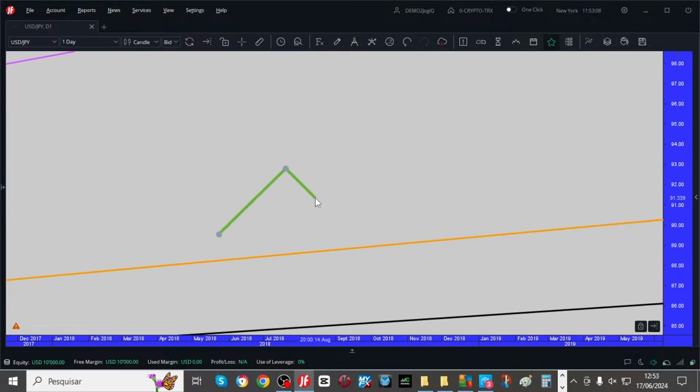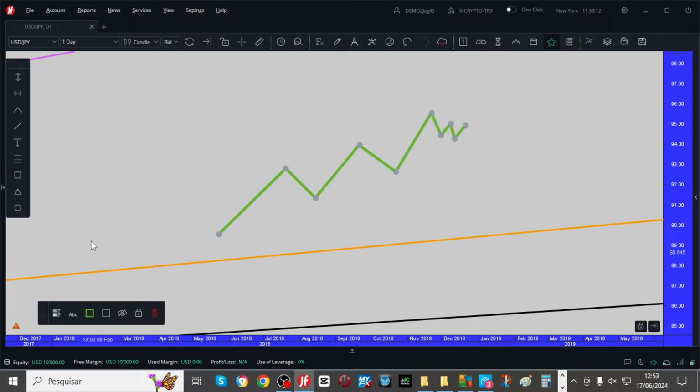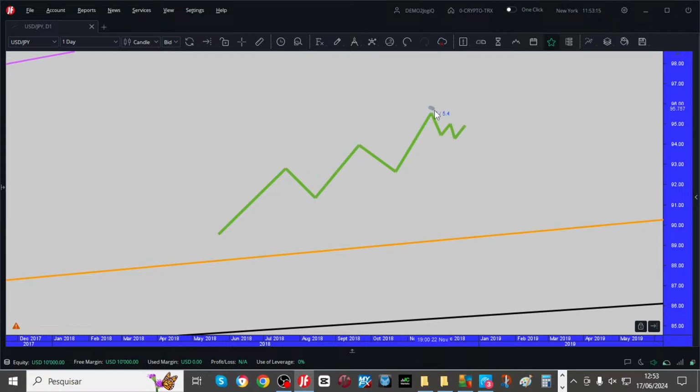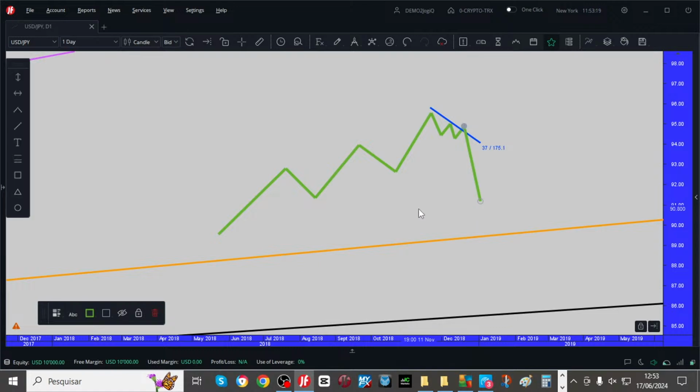If you see something like this and you tell your trader to buy and you lose, that's okay. This is an acceptable loser.